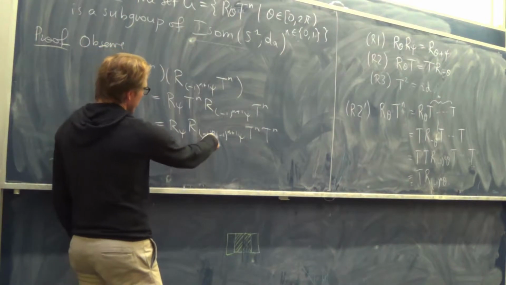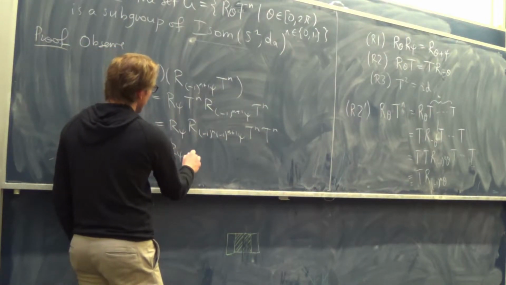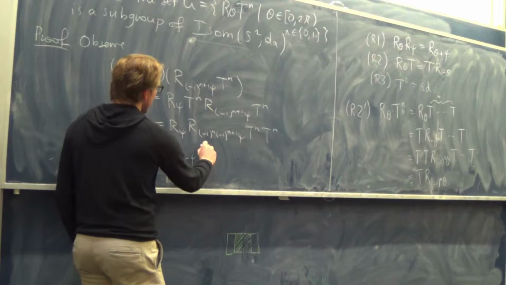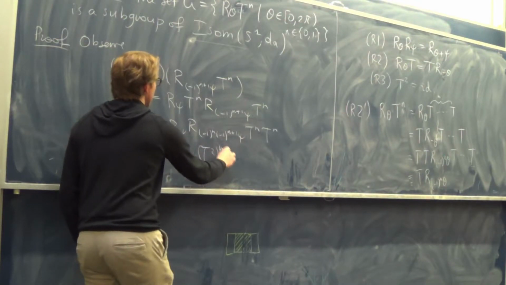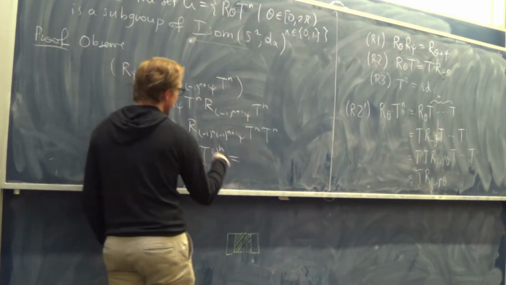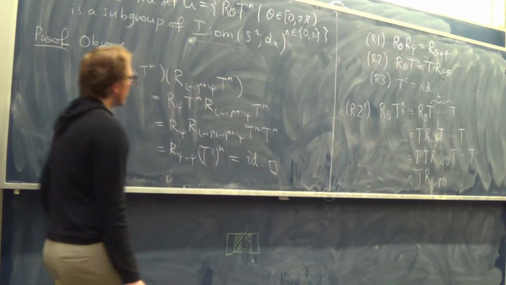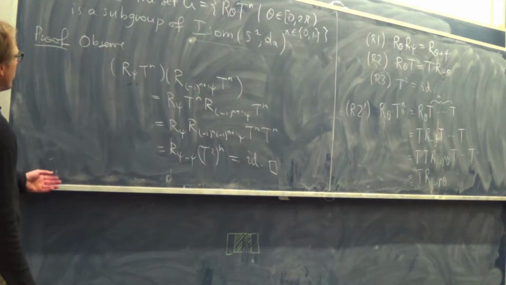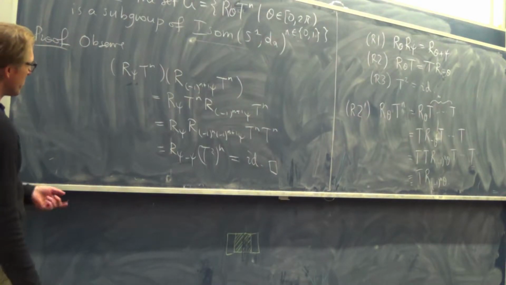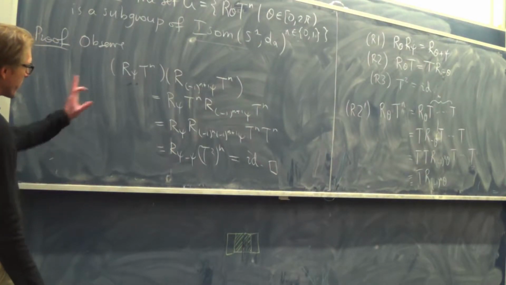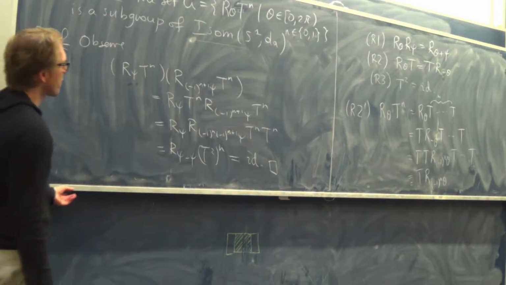So adding those two, of course, that's r psi plus or minus psi, and then I get a t squared to the n. That's r0, that's the identity to the power n. So as I said, the fact that it's closed under composition was part of the exercise, so we only had to prove inverses were in there, and they are.